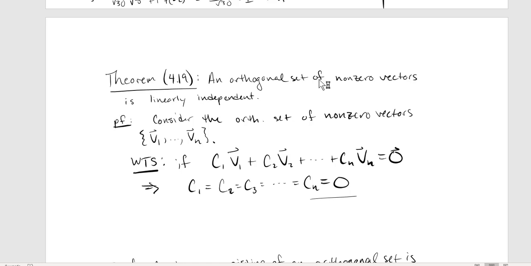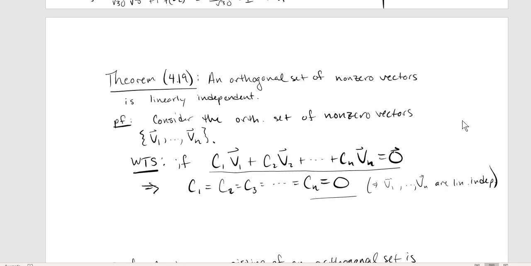That would mean linear independence. So start with this identity that you have a linear combination equal to zero. Let's see if it follows from this assumption that all those scalars must be zero.